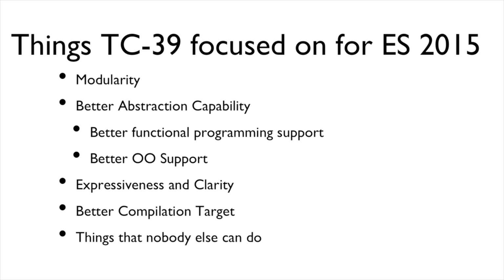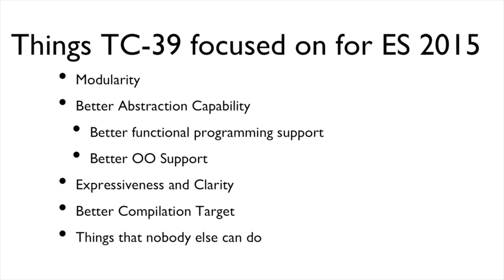An overriding question as we think about the language is, what are the things that can only be done by TC39, by the designers of the language? If things can be done in a library, essentially if you can write a polyfill for it, maybe it doesn't need to be in the standard.